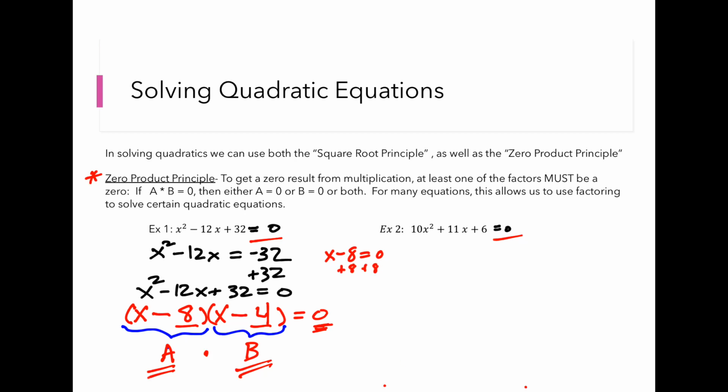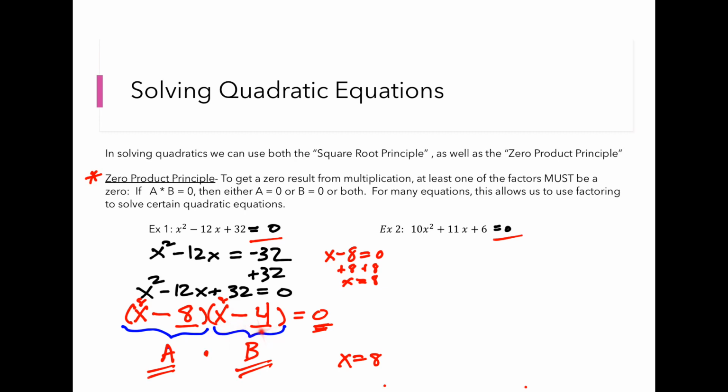Well, we can just not think about it and go through the process, and we see that if I put 8 in there, I'm going to get 0. And so with 8 being plugged in for x, this would be 0 times 8 minus 4 is 4. So 0 times 4 would give me 0 as a result.